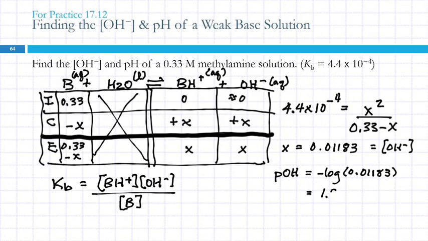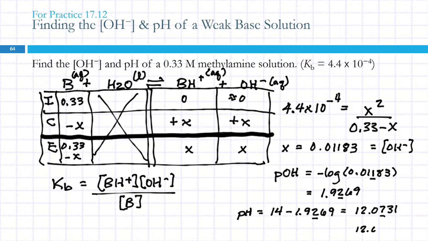So 1.9269, which should probably have two sig figs. And then the pH will be 14 minus that. 12.0731, so 12.07.